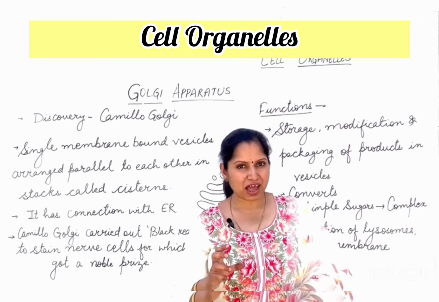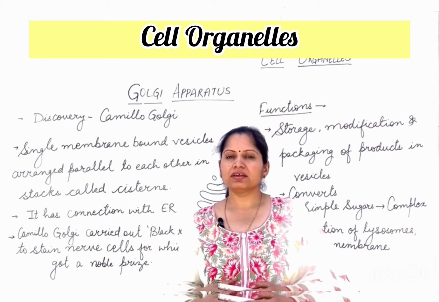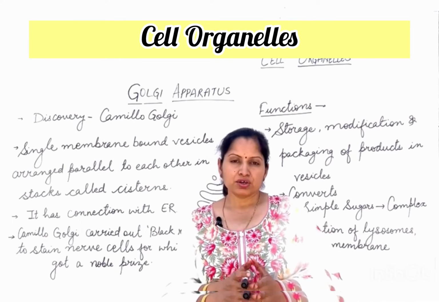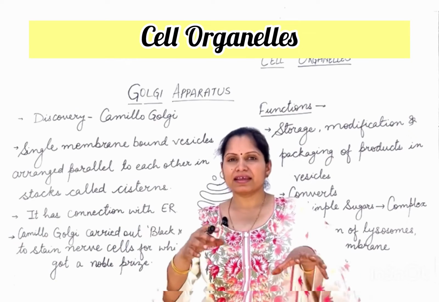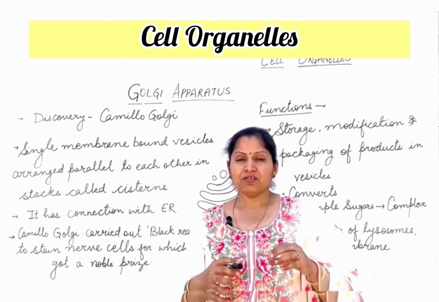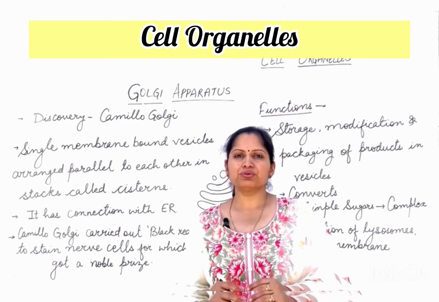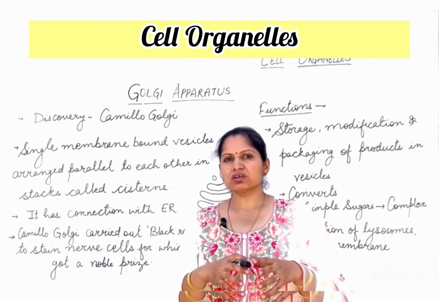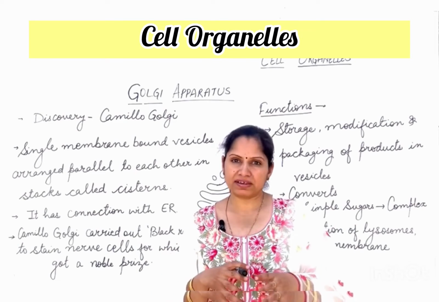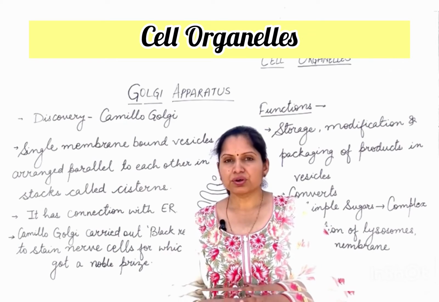We can understand the functioning of Golgi apparatus by comparing it with a chips factory. So suppose our endoplasmic reticulum is just like a farm. Any factory, if you have to set up, you prefer to set it up at a place which is close to the area where the raw materials are available.